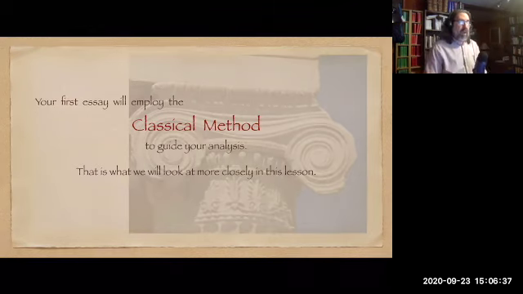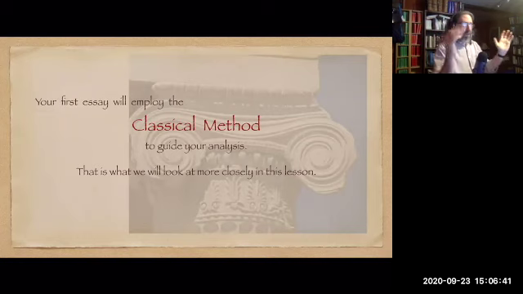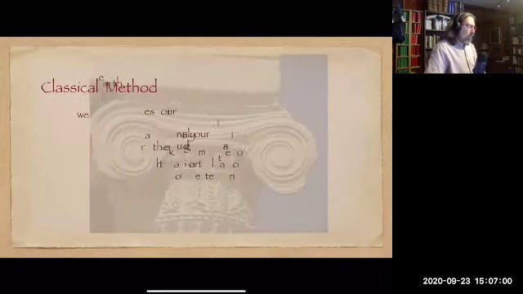There are a couple of other methods in this group of classical methods, and we will look at those as the time comes, but we will be focused here on the classical method that is going to focus on the old Greek terminology.